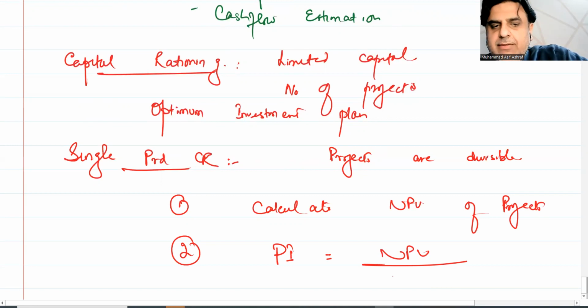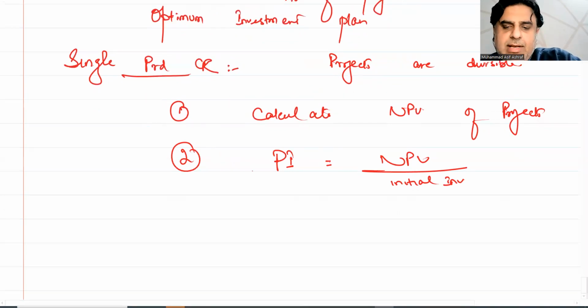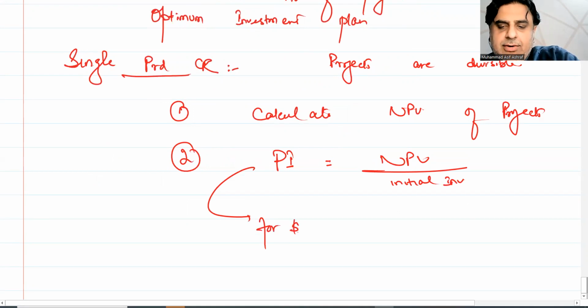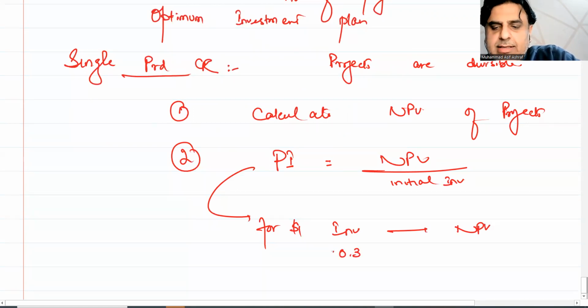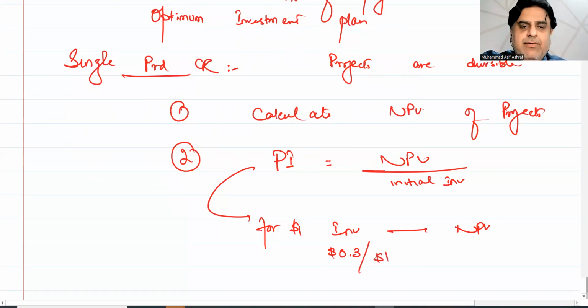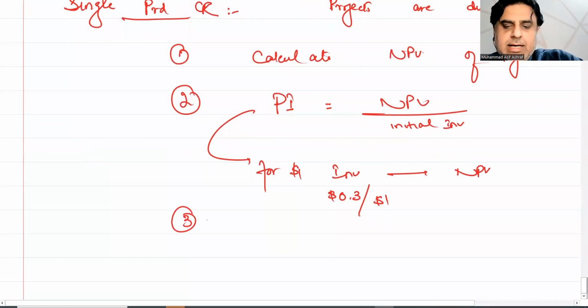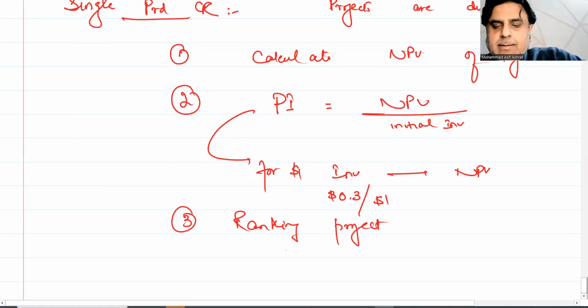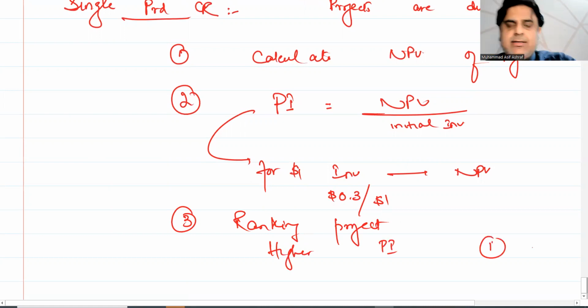The formula would be NPV divided by initial investment. Profitability index is, for every $1 investment, how much NPV you are getting. If it is 0.3, this means for every $1 investment, you are going to have 0.3 of NPV. Number three, rank the projects. The project with the higher PI will rank first, and then so on.